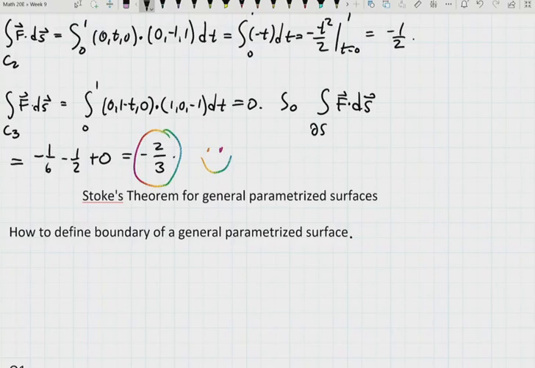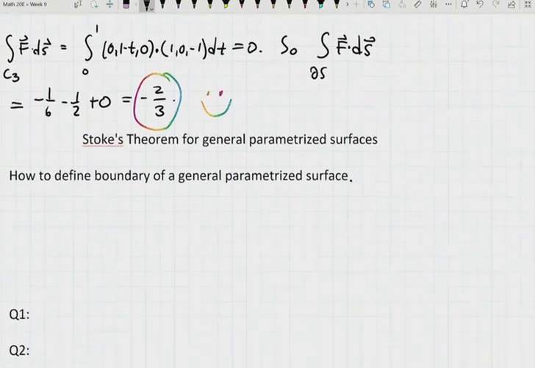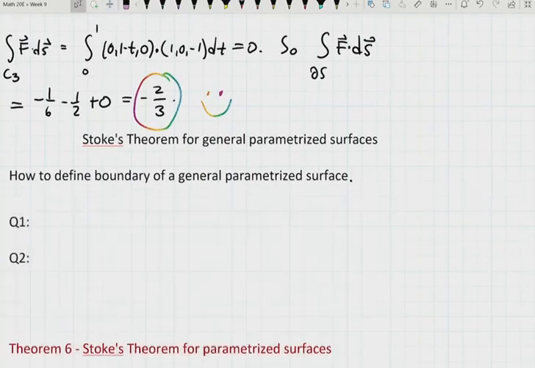So keeping that in mind, let me ask you another question. What about the boundary of a half sphere?